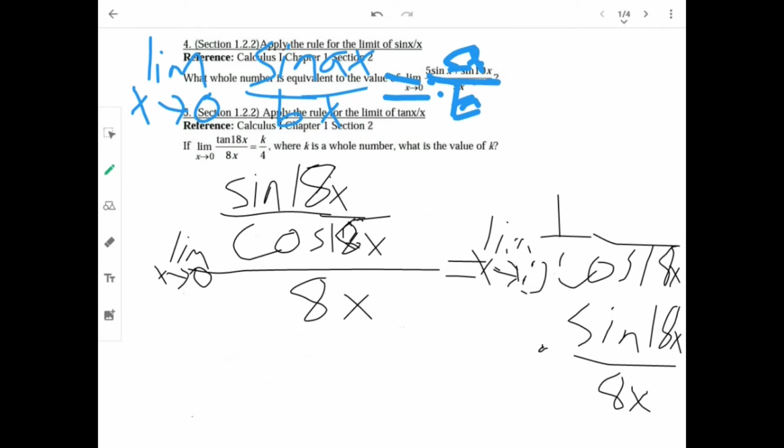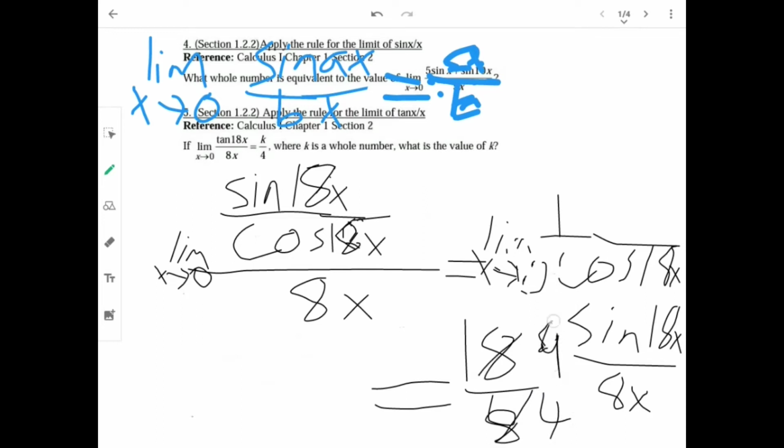So it will be 18 over 8. However, in the question, they said put it in k over 4. So you just cancel by 2. So it's 4 here and 18 here. So the answer will be 9 over 4, and k is 9. So that's what you enter.